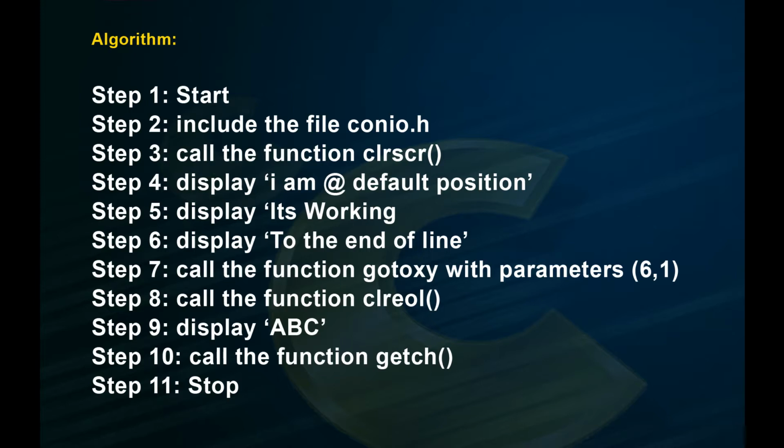Step 5, display it is working. Step 6, display to the end of line. Step 7, call the function gotoxy with parameters 6 and 1. Step 8, call the function clreol, and step 9, display ABC. Step 10, call the function getch, and step 11, stop.